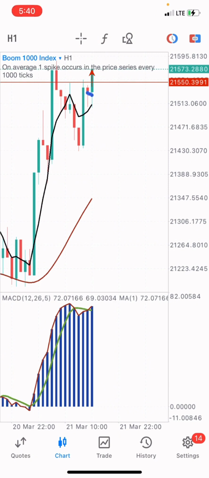So whatever is happening here is more important than what's happening on lower time frames. But because we are just scalping and taking quick profits on the 1 minute time frame, you most likely don't need to come all the way to 1 hour. But trust me, this is a secret that a lot of people don't know.